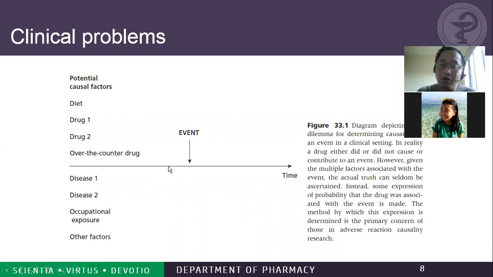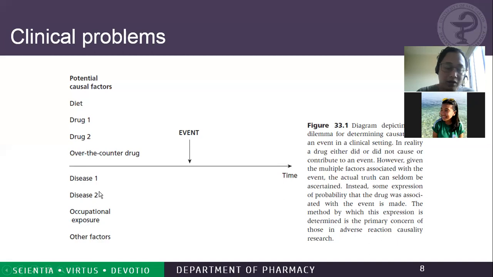It can be correlated to only one factor, or more than one factor, just like in the case of drug-drug interactions, drug-disease interactions, or interactions in general. Here, the potential causal factors can be diet, drugs, or over-the-counter drugs bought by friends, family, or even the patients themselves before they are admitted to the hospital.